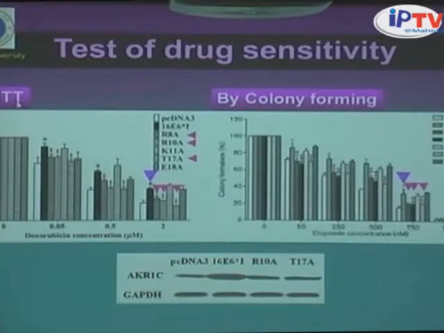So by using MTT and colony-forming assays, we show that in cells containing E6 star protein, drug resistance occurs, because twice the number of viable cells are found compared to the control vector. So meaning that they're quite resistant to the drug.